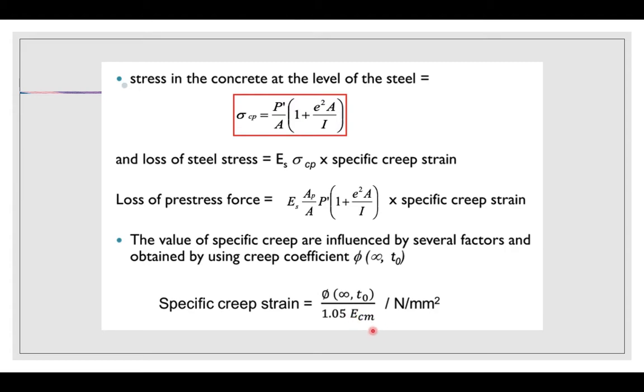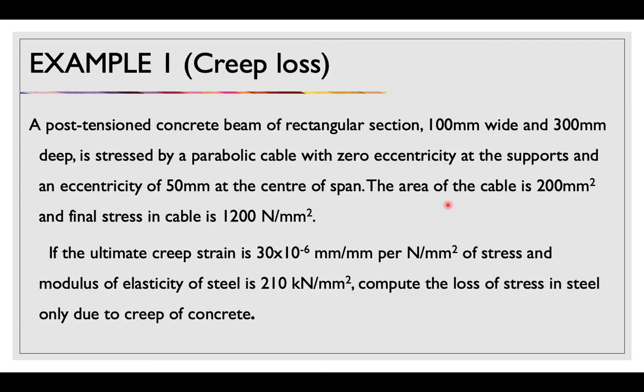This Ecm value can be determined based on Table 3.1 from Eurocode 2, which depends on the value of our concrete strength, the fck value. After we calculate this, we are going to substitute this into the loss of pre-stress equation.